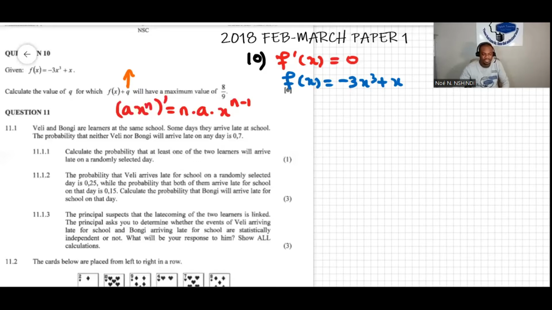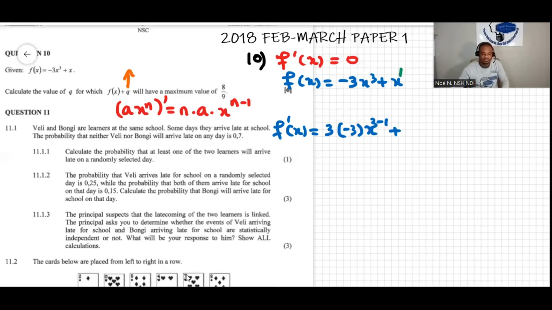So f prime of x will be 3 times negative 3 x to the power of 3 minus 1, x to the power of 2.